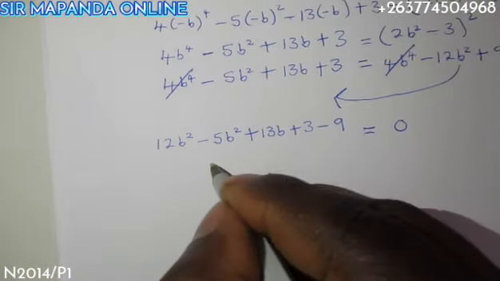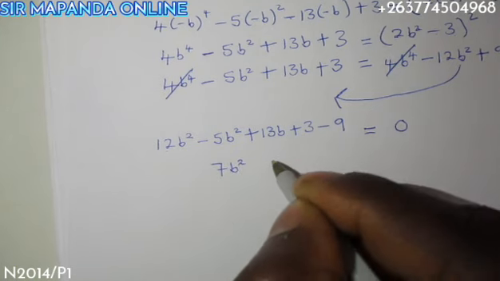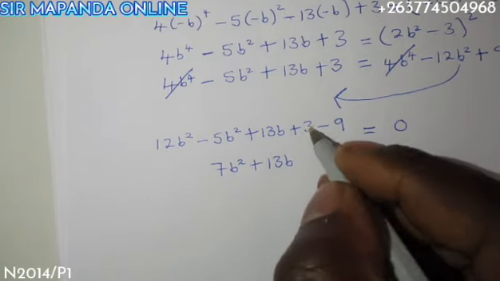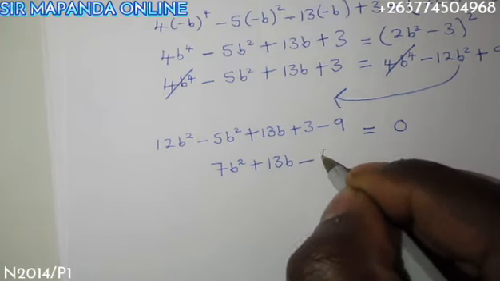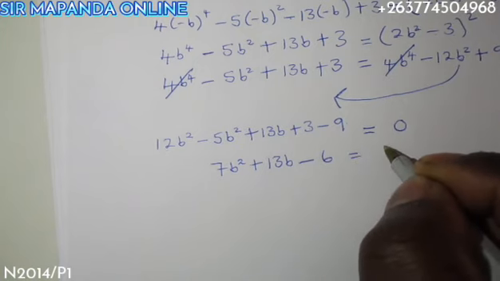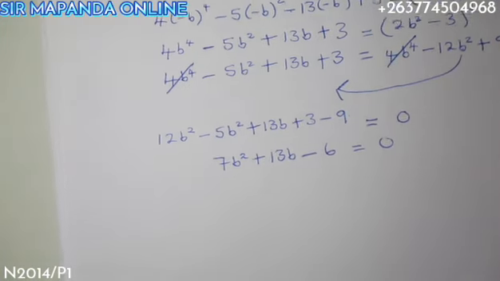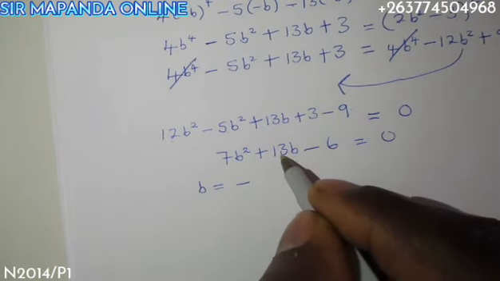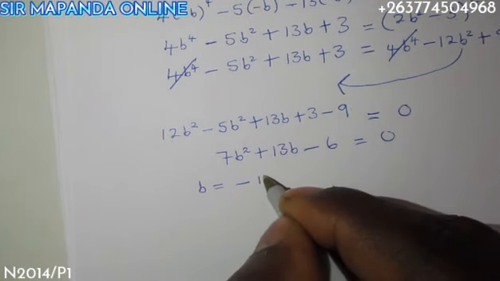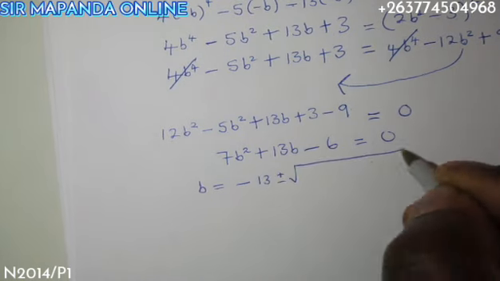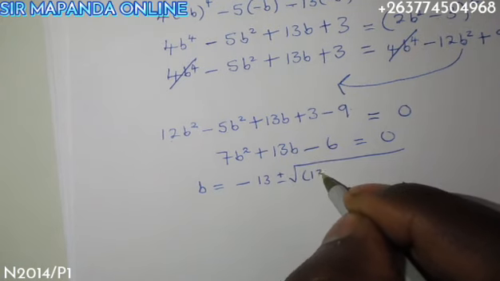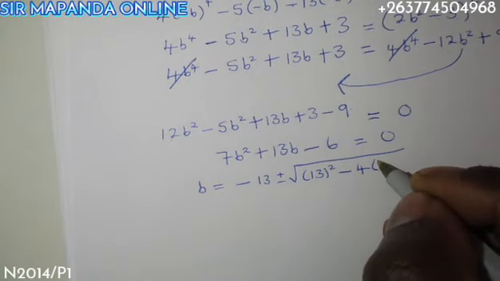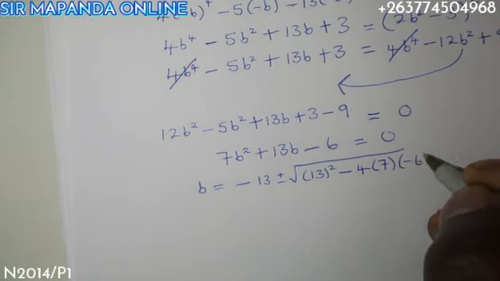So 12 minus 5, you get 7. So this is 7b² plus 13b. 3 minus 9, you get what? Minus 6 equals 0. So using the quadratic formula, b equals minus, our b in this equation is 13, so you write minus 13 plus or minus the square root of 13 squared minus 4, a is 7 and c is −6.